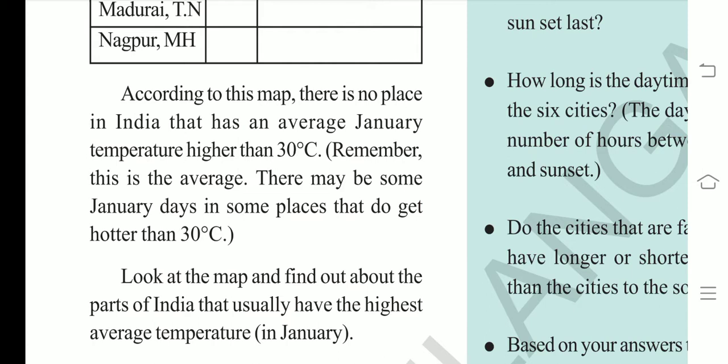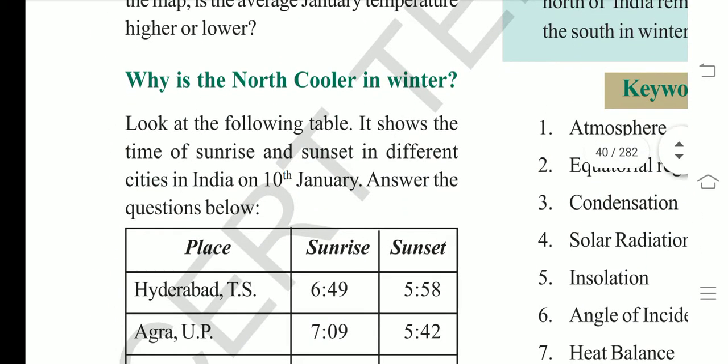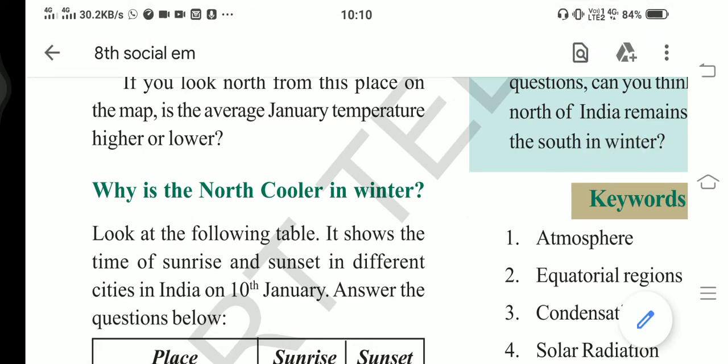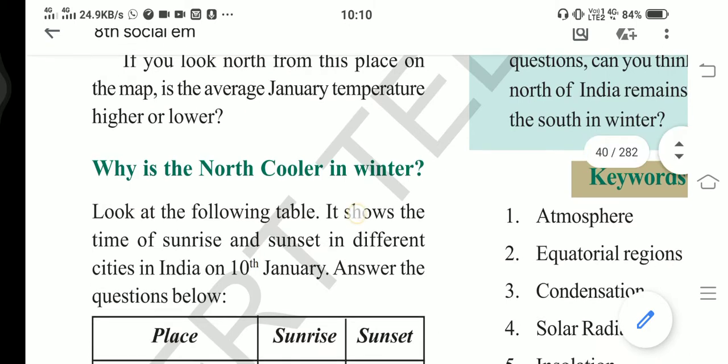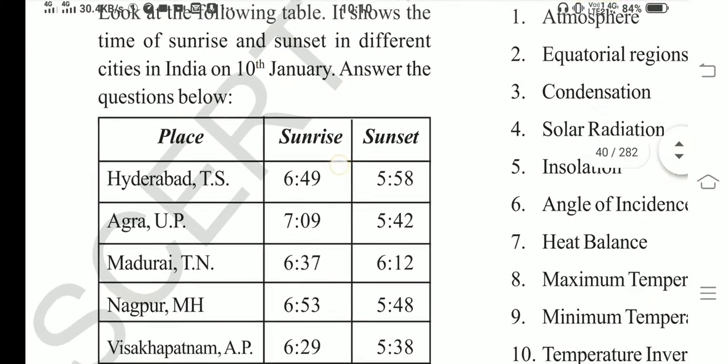The highest average temperature recorded in the month of January does not go beyond 30 degrees Celsius. January comes under the winter season, right? In winter, the temperature does not exceed 30 degrees Celsius.